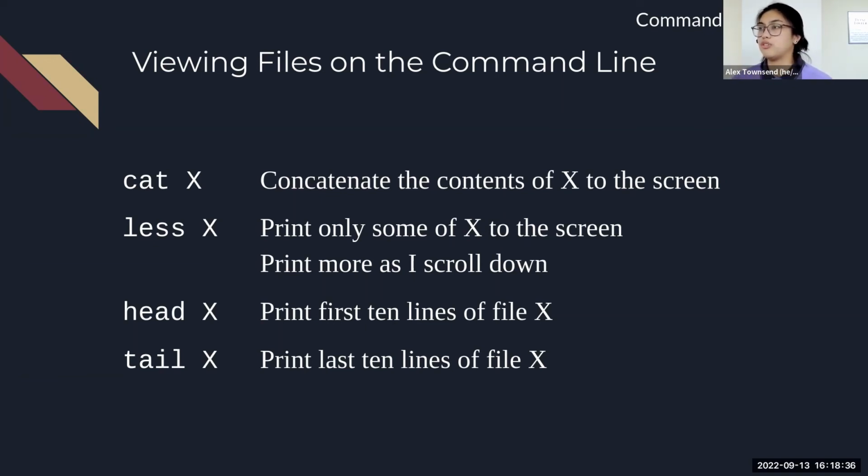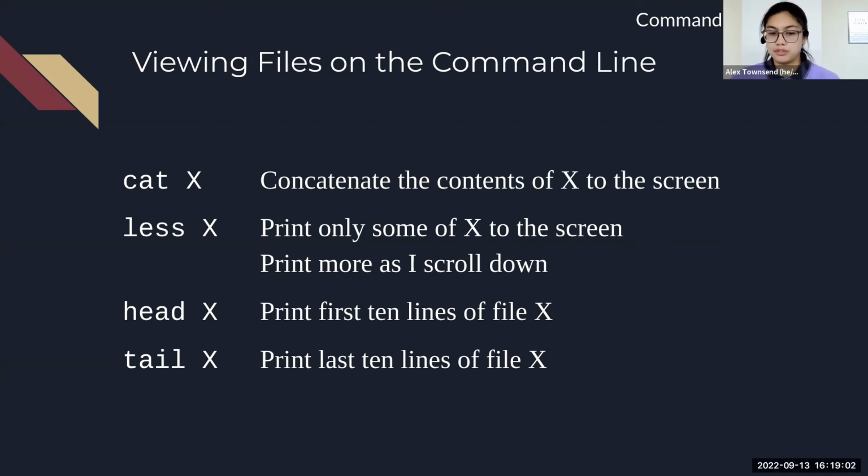So if you have a really large file, you'll reach the end of the file and you won't be able to scroll up unless you have a mouse. Less is a better option for this. It will print some of the text onto the screen, but then it allows you to click the down arrow and scroll and read more of the text file, one line at a time.